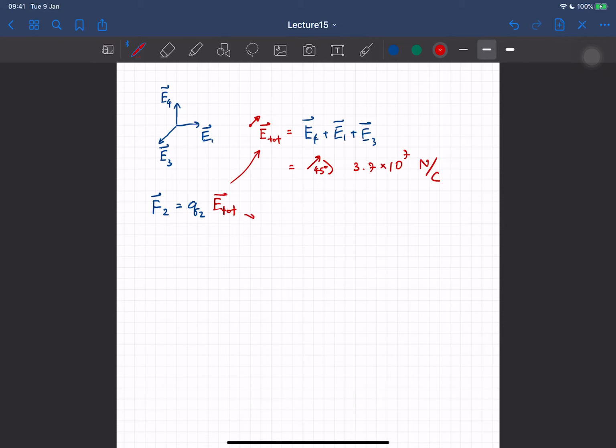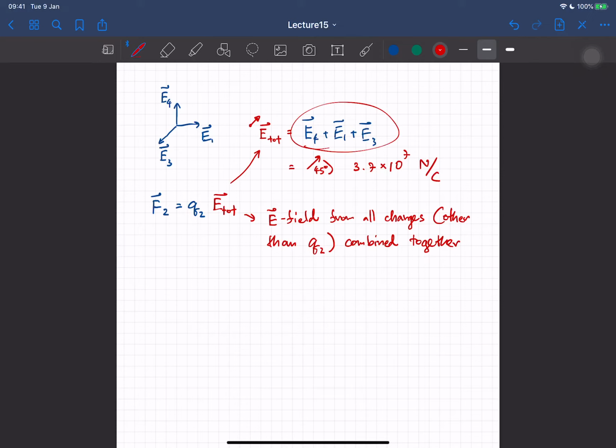E total is the electric field from all charges other than, of course, Q2, because Q2 is the one we want to calculate the force on, combined together. And in this particular case, because we only have 3 other charges, it is E4 plus E1 plus E3.